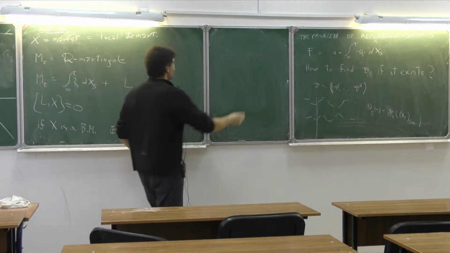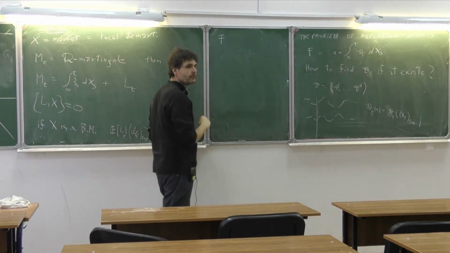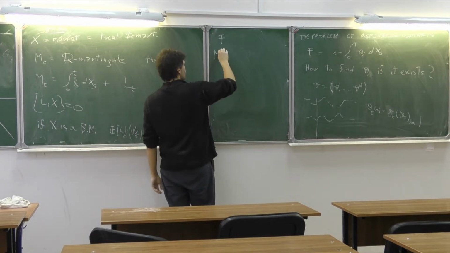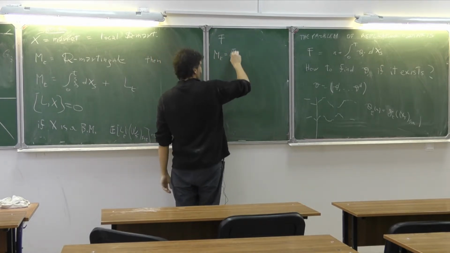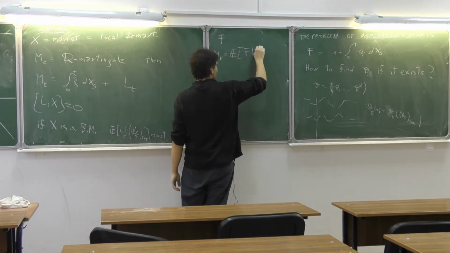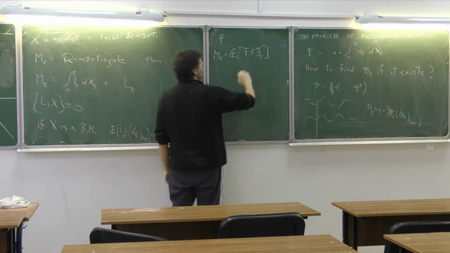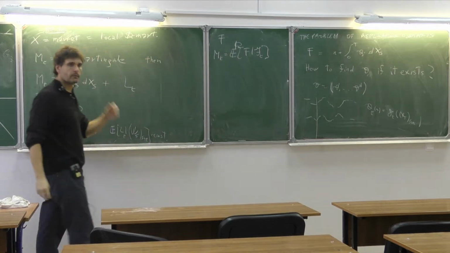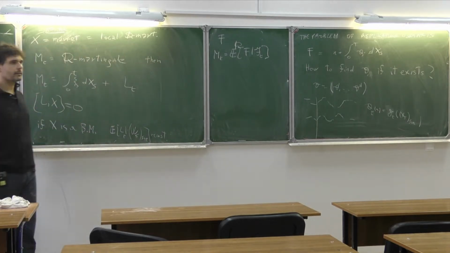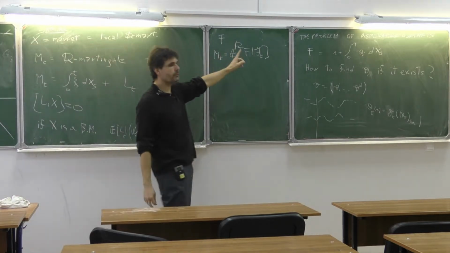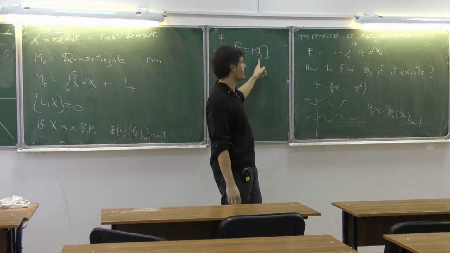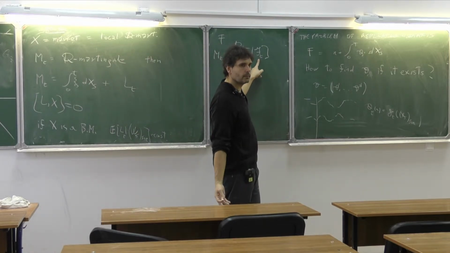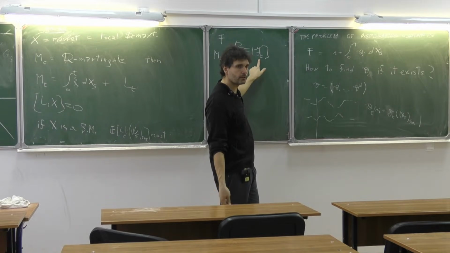So how do we apply this? You give me the contract F, I take M_T, the expected value of F given F_T, under Q. This is a Q martingale. If you fix an integrable random variable and you condition at M_T, of course it's just the tower property of conditional expectation.